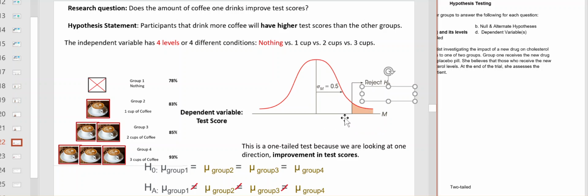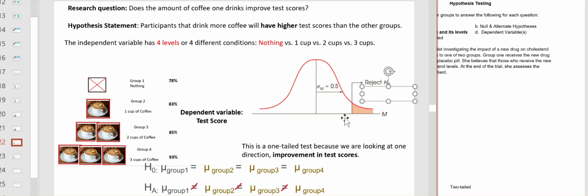Now, if in fact we do not know which direction it will go if they drink more coffee, we just think that, in a vague sense, there are going to be differences between groups, and we don't know where that outcome is going to be, where that test score is going to be.